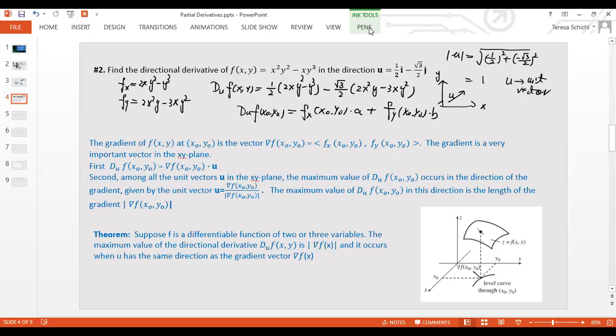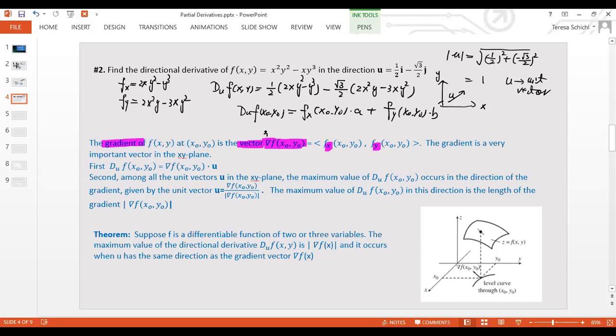Okay, so now we have defined this. We call it del f at x0, y0, we define the vector del. What is this vector? This vector is the partial x, partial y for any given point here.